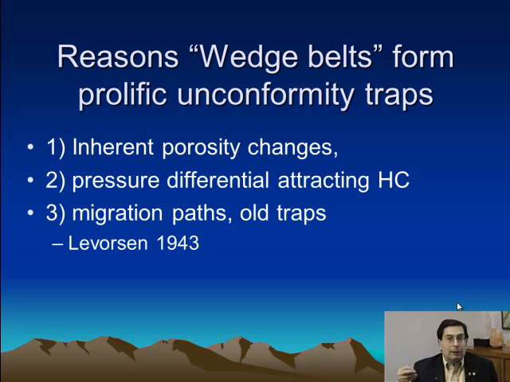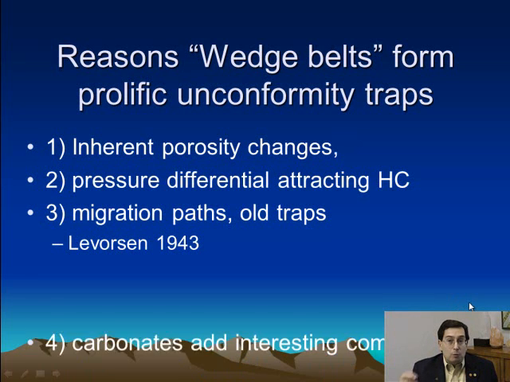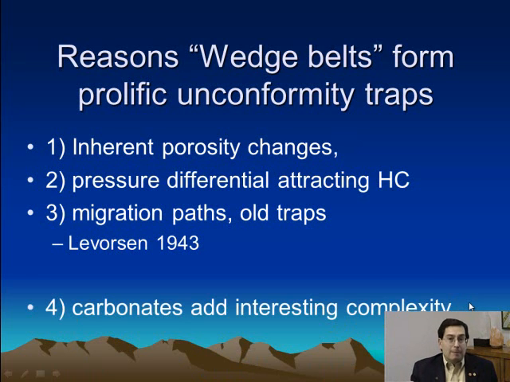But these were basically observations about siliciclastic systems. And the Great American Carbonate Bank is a carbonate that is greatly dissolved and karstified and fractured by this unconformity. So when we're talking about the Great American Carbonate Bank unconformity, the carbonates add an entire new dimension.